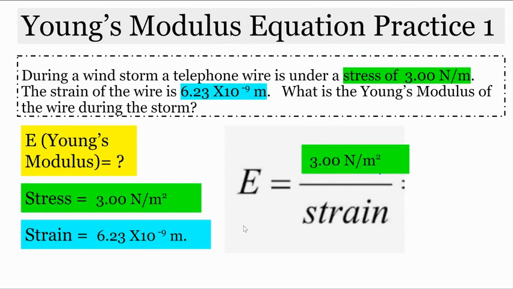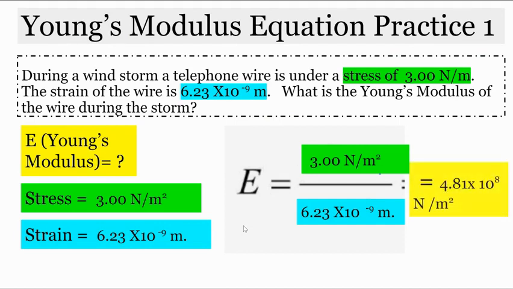When we plug that into our calculator, we should get a value of 4.81 times 10 to the 8th newtons per meter squared. Again, that would represent the Young's modulus, or the stiffness of the wire during the windstorm.